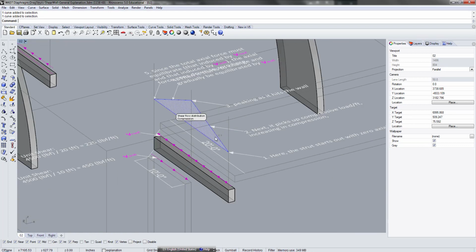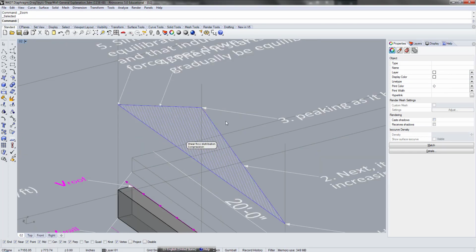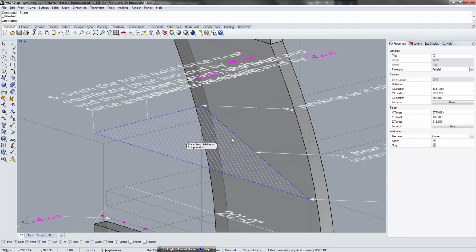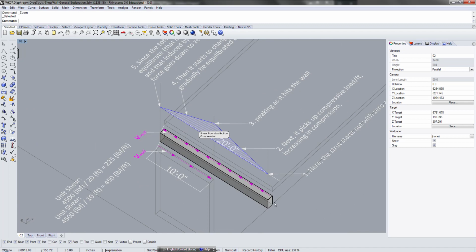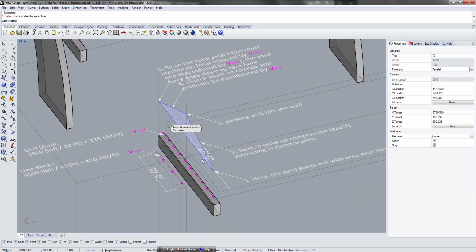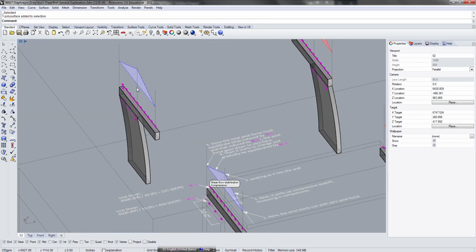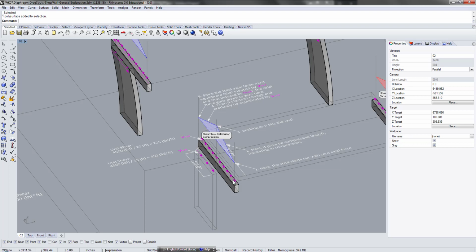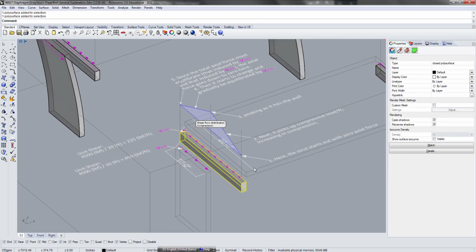So basically, this is a diagram that represents the linear shear along the length of this beam. Even though the total shear is always the same, if you look at every tiny fraction of this beam.